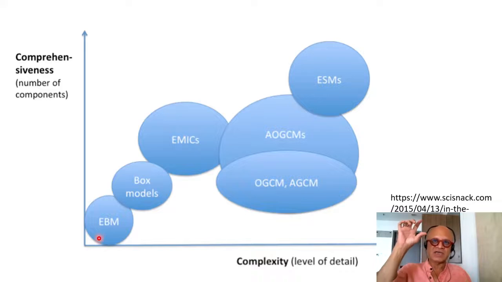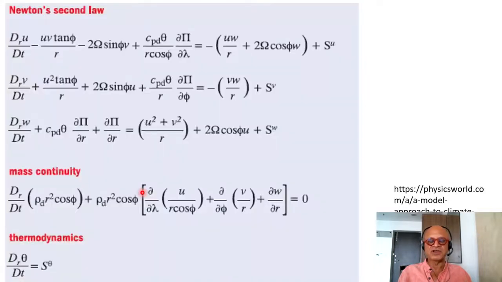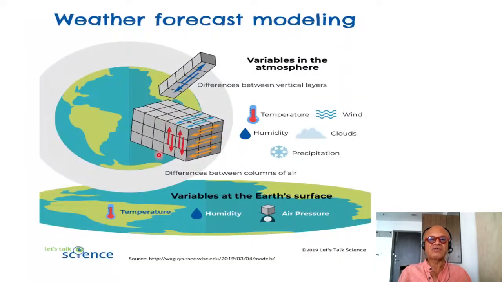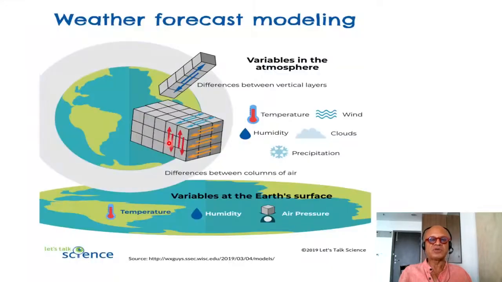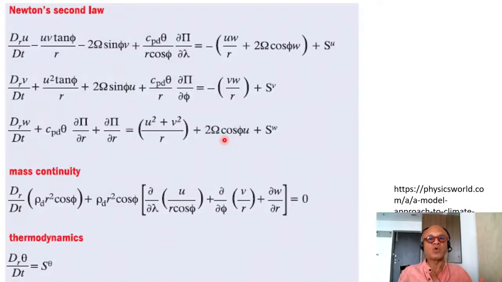You would take total energy being received and total energy being emitted to space, and you may do a diffusive model or some sort of energy budget. You also have box models where, instead of numerically integrating equations like these on a computer, you would just assume that an ocean or the tropics are a box.